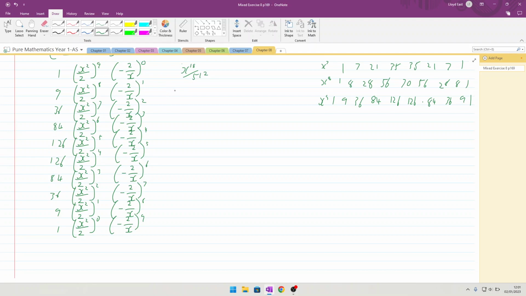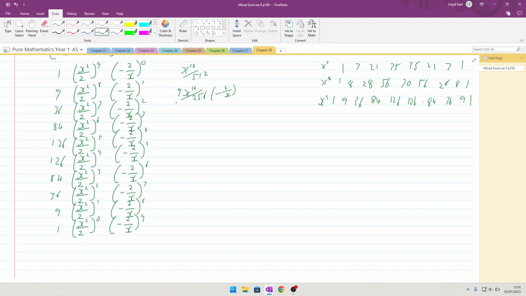With this one, you get 9x to the 16 over 2 to the power 8, which is 256, and that needs to be multiplied by minus 2 over x, which will cancel an x with an x16, giving us an x to the 15, not one of the terms we need.